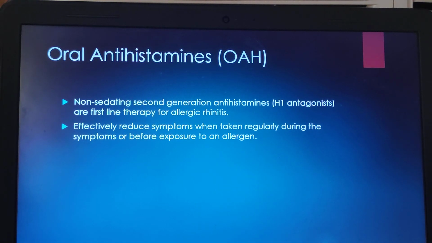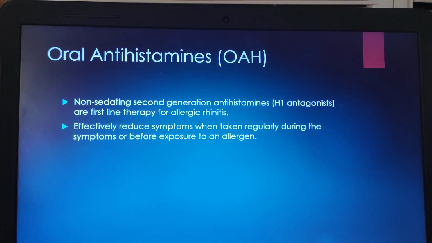Now, oral antihistamines used for the treatment of allergic rhinitis: nowadays the non-sedating second generation antihistamines are the first line therapy. Earlier, people were using a lot of medicines like chlorpheniramine and many other H1 blockers, which were causing sedation.